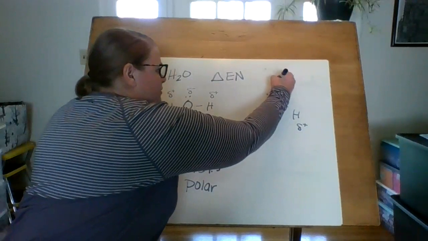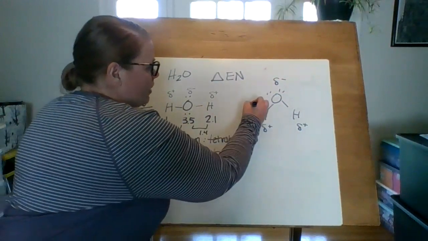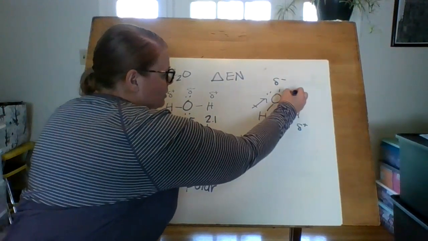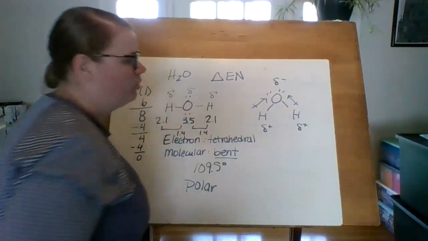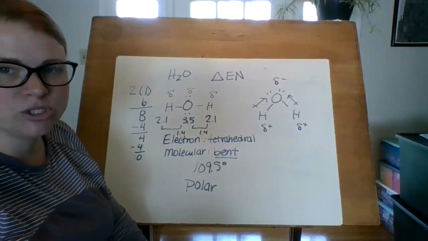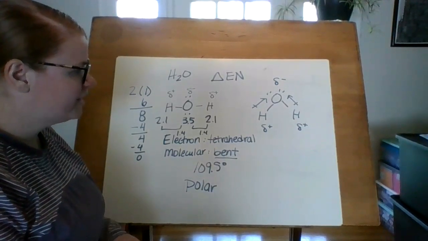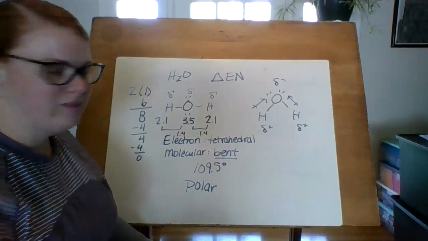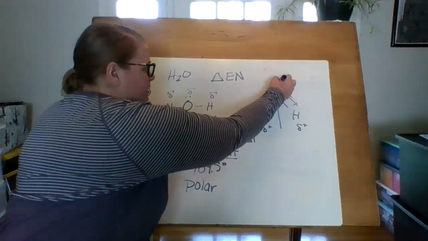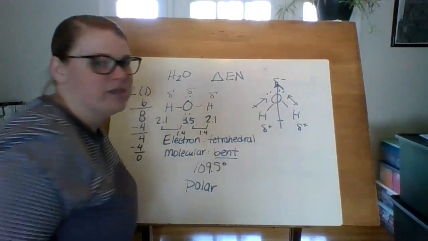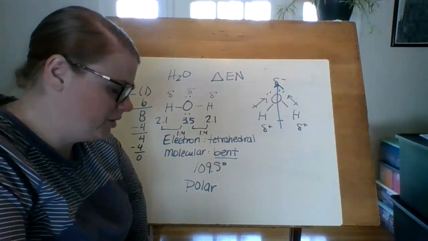And then my negative is going to be up here. So I have these dipoles that are pointing towards the oxygen, just for the bonds. And then the net dipole points towards that oxygen. So that would be your net dipole.